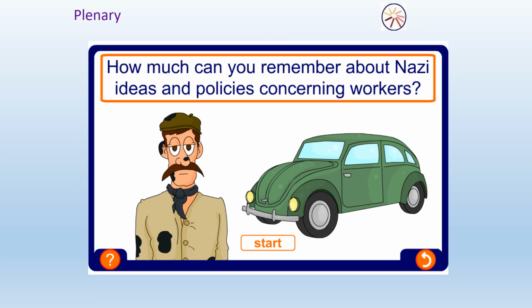Arbeit macht frei translates into English as labor liberates. Arbeit macht frei was written on the front of a lot of concentration camps, and it loosely translates into work will set you free. The German word for people's community is Weltanschauung.